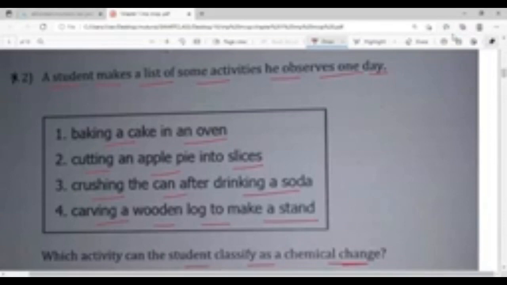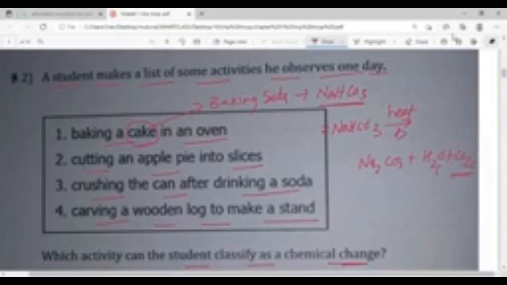When you prepare a cake, you have baking soda, which is NaHCO3. Now, when NaHCO3 undergoes heating, we get Na2CO3 plus H2O plus CO2. H2O is in vapor form and CO2 is a gas.